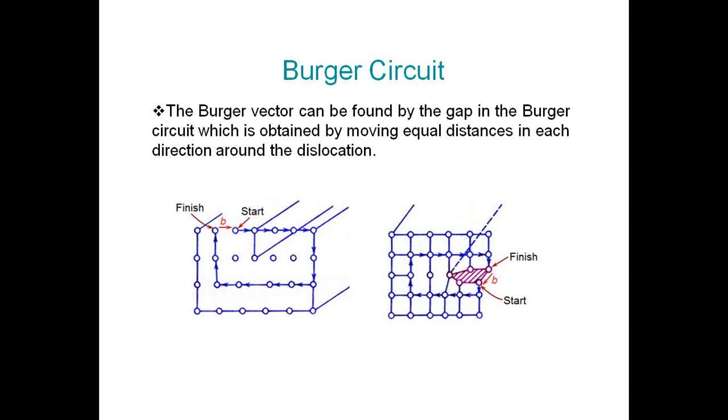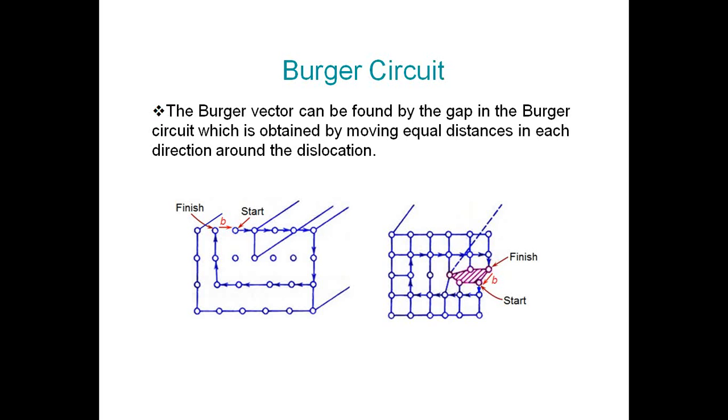Normally, when there are line defects or dislocations in the material, how does it affect it? Line defects affect various properties of the materials. They affect the mechanical properties, increasing hardness and tensile strength, and also change the transformation properties.